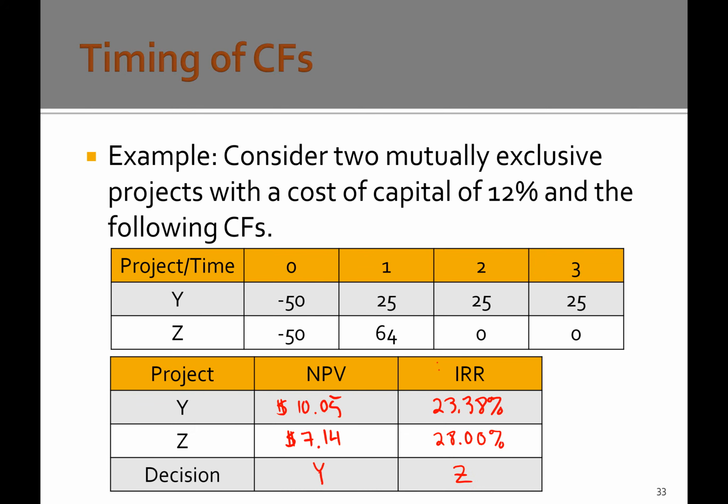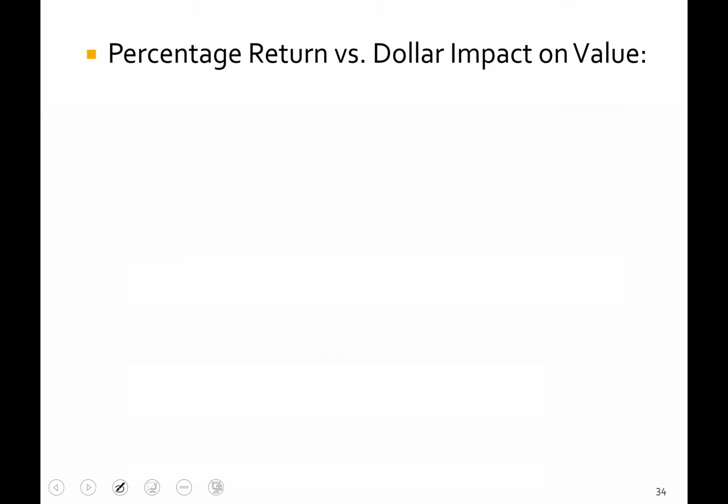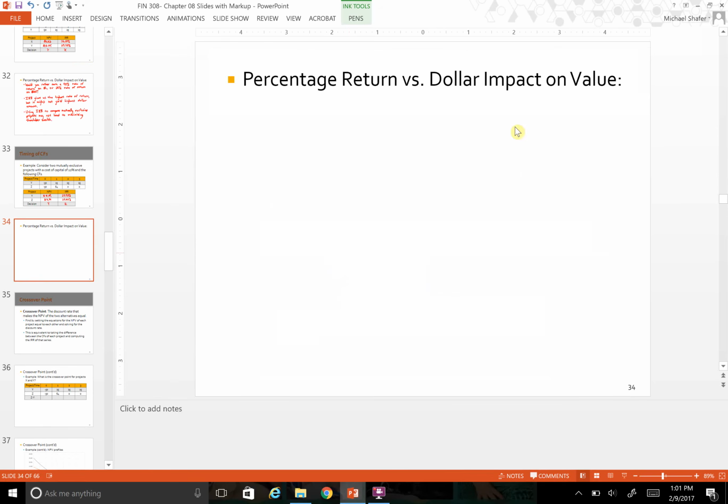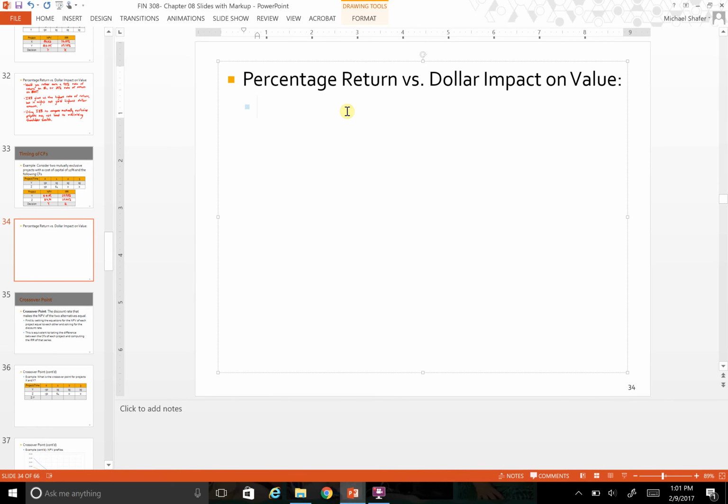So here we are again with NPV and IRR decision rules giving us different answers for mutually exclusive projects. And again, the reason for this conflict has to do with the concept of the percentage return versus the dollar impact on value.